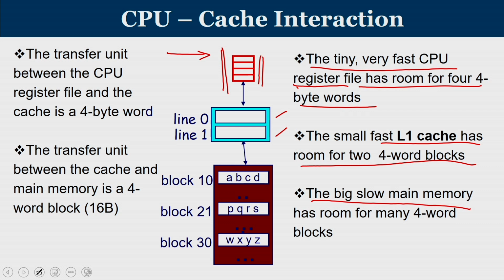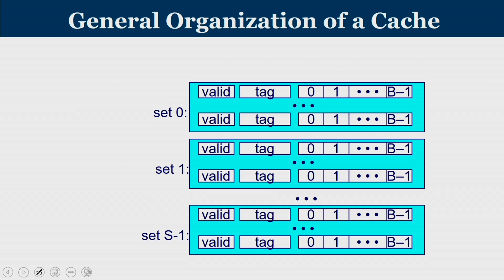Main memory is big, but it is slow. It has room for many 4 word blocks like what you have. We have seen that the transfer unit between the CPU register file and the cache is 4 byte words, whereas the transfer between cache and main memory is 4 word blocks.